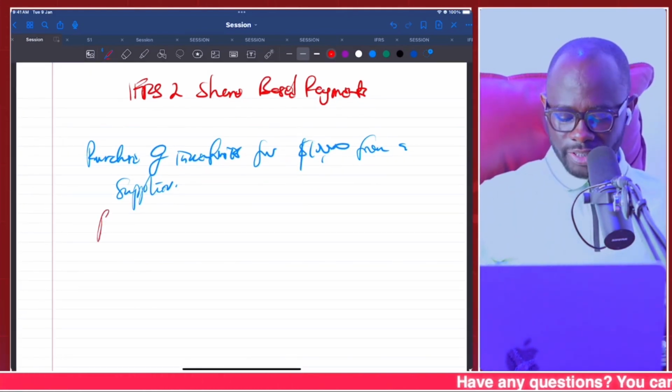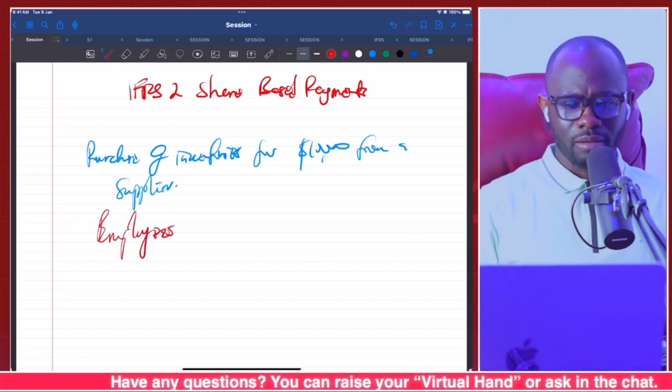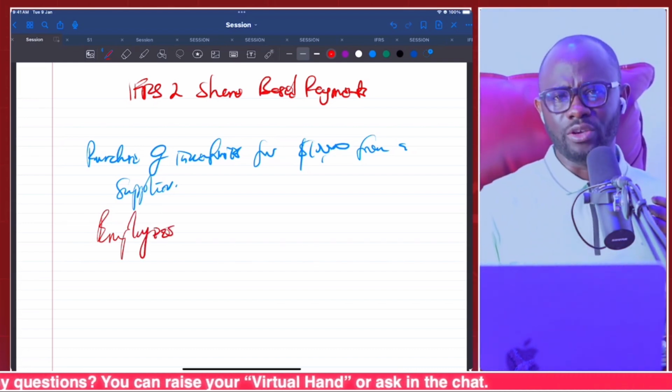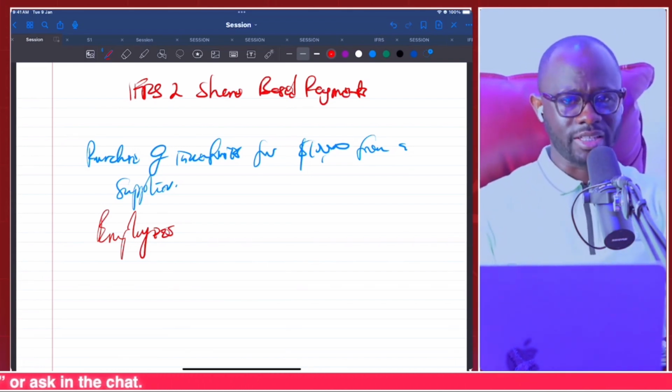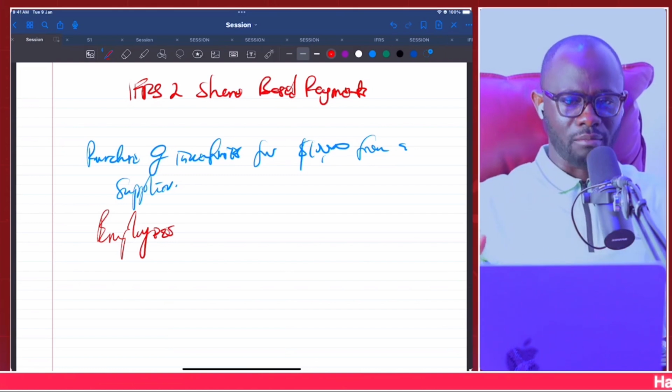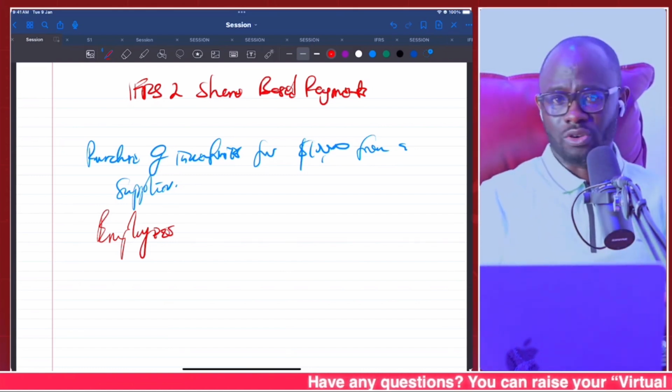Or employees have worked and we are supposed to give them money, but we said, hey, we're going to pay you based on the value of the shares of the entity. That is the idea about share-based payment. That's all.